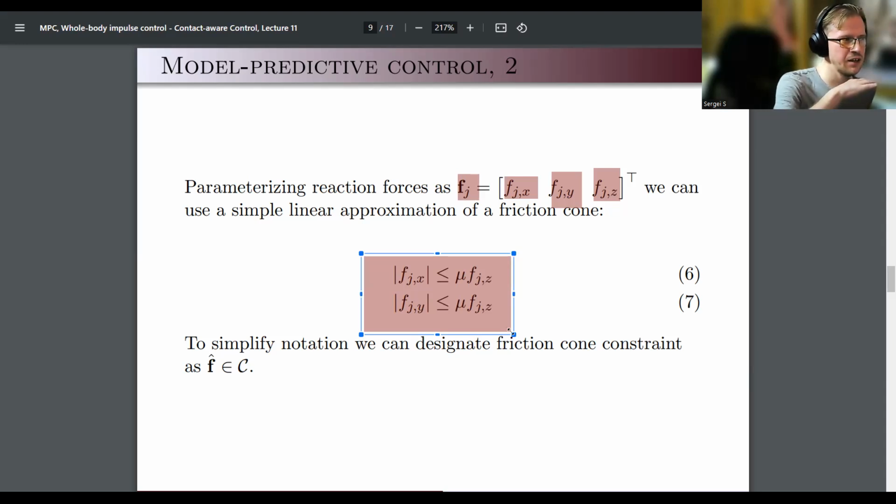Well, if the surface on which we move is horizontal, then this is a perfectly reasonable representation of the friction cone, assuming that the z direction is orthogonal to the surface, right?